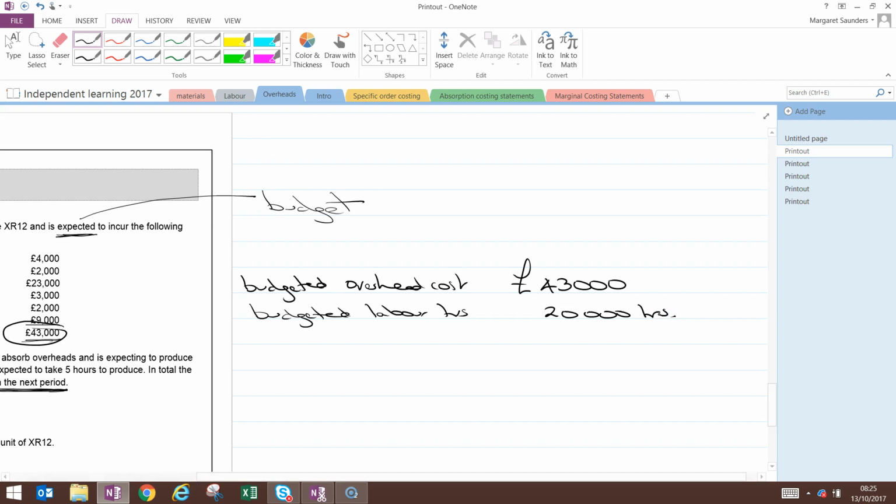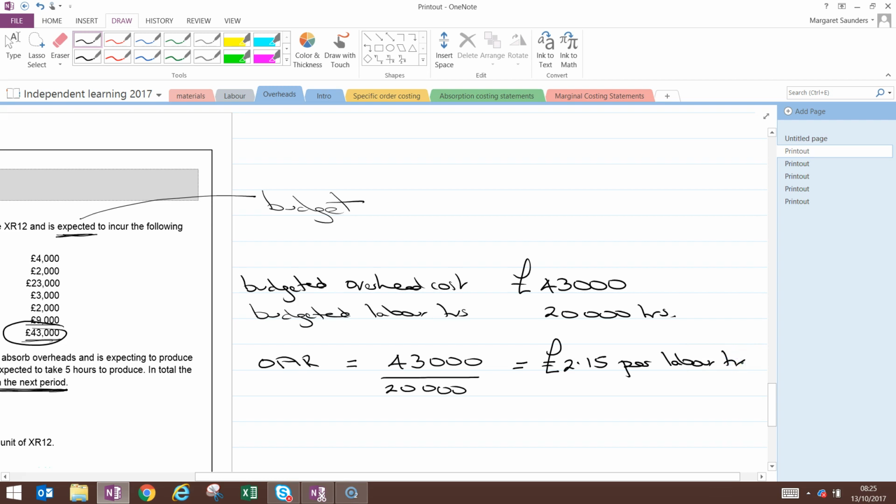Step 3 is to calculate the overhead absorption rate. So I'll abbreviate to OAR. So it's the budgeted overhead cost divided by the budgeted activity level, which is the labour hours, and that gives us £2.15 per labour hour.